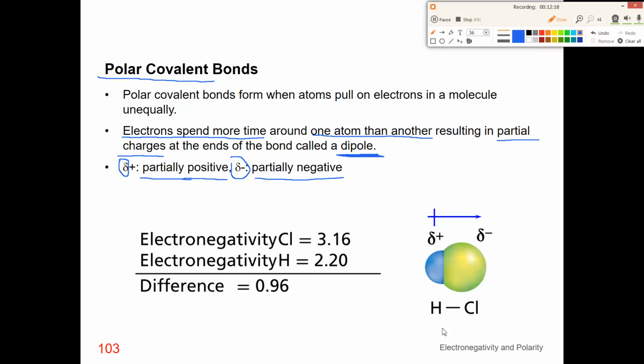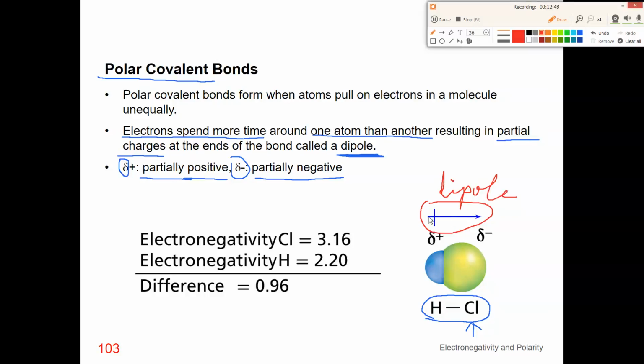Take hydrogen chloride, for example. Because chlorine has a higher electronegativity value than hydrogen, the electrons are closer to chlorine. We can draw a dipole arrow.